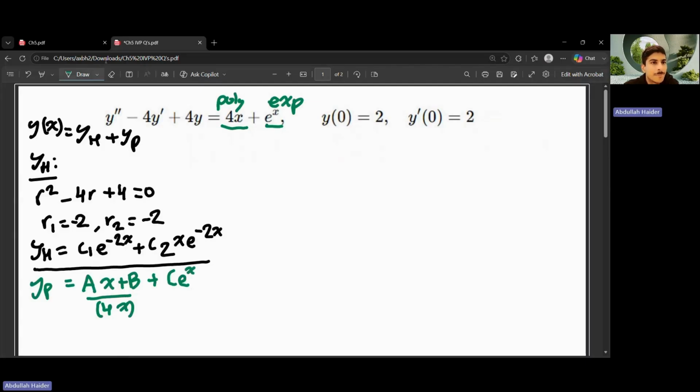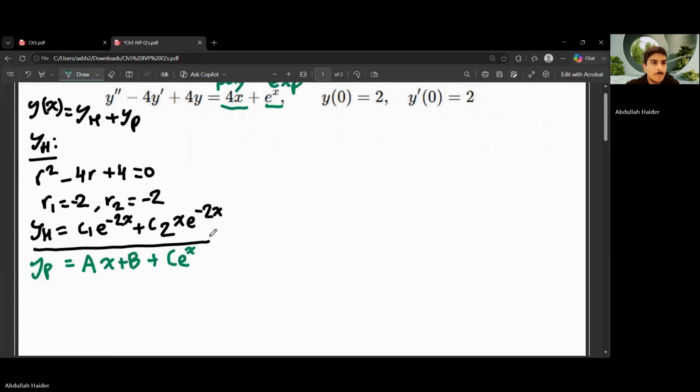Basically this is the y_p for the polynomial ax plus b, and we have an exponent, so it should be a constant multiplied by the same exponent. Till now, in the previous examples, we have just identified y_h and y_p. But now the initial value problem is asking us to find c1, c2, and we need to find a, b, and also c.